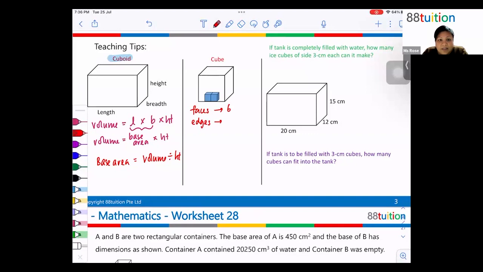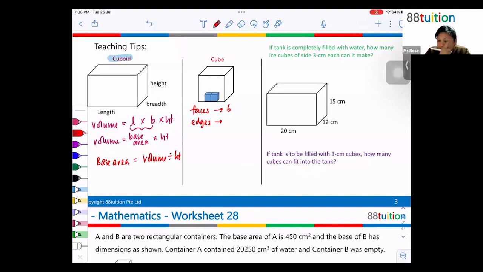Anyone? Do you know what we mean by edges? Jeremy says 3. Anybody? How many edges does a cube have?